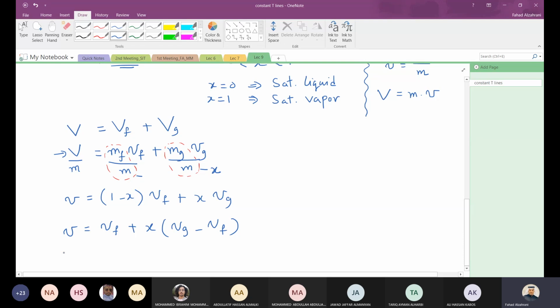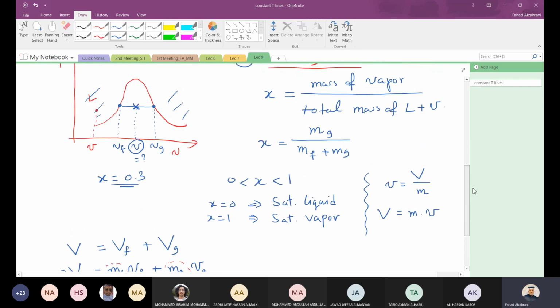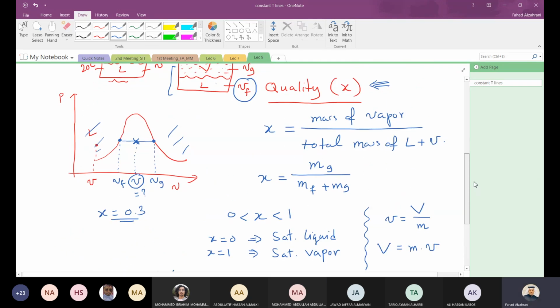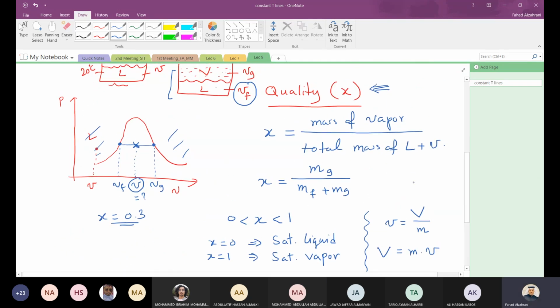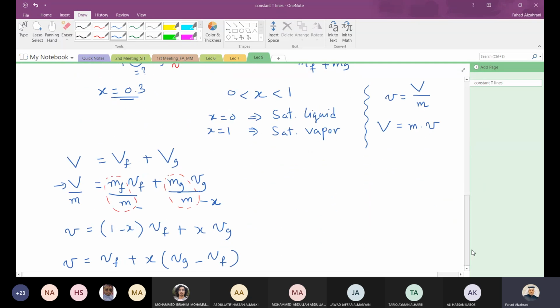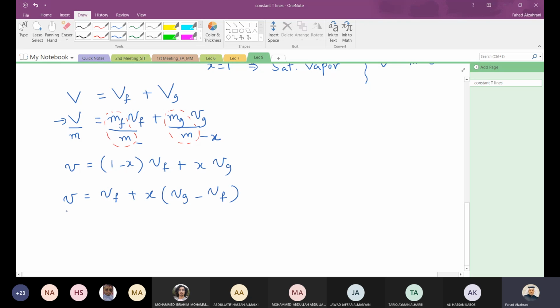So this is the equation that gives you what? If you are in the saturated mixture region and you have a quality, let's say 0.3, 0.5, 0.7, 0.9, whatever, you can find an average value for the specific volume. The same thing for all other properties.